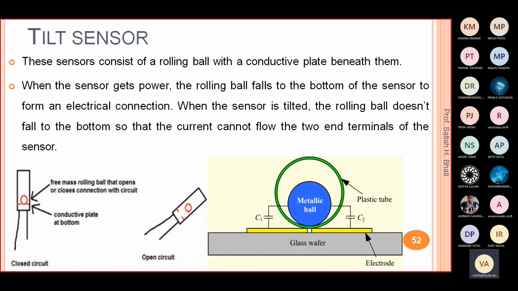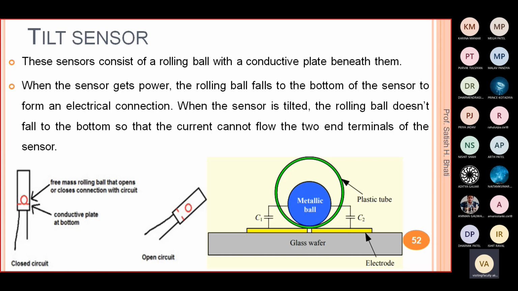The common type of tilt sensor has a conductive plate, and there is a cut in that plate. Generally it is considered an open circuit or open switch, and there is a metallic ball inside. When the ball comes in contact, the path between the plates will be closed, and that is considered a closed circuit.